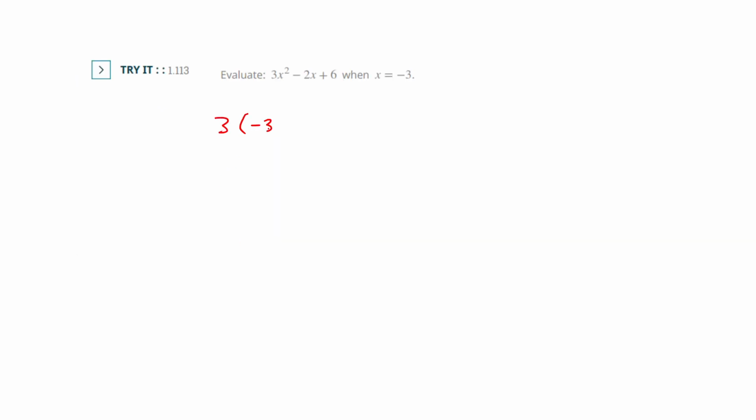Okay, here's another reason why the parentheses are a big deal. So I've got negative 3 being squared, which you might miss if you didn't put the parentheses. So exponent is next. Okay, this is multiplication.